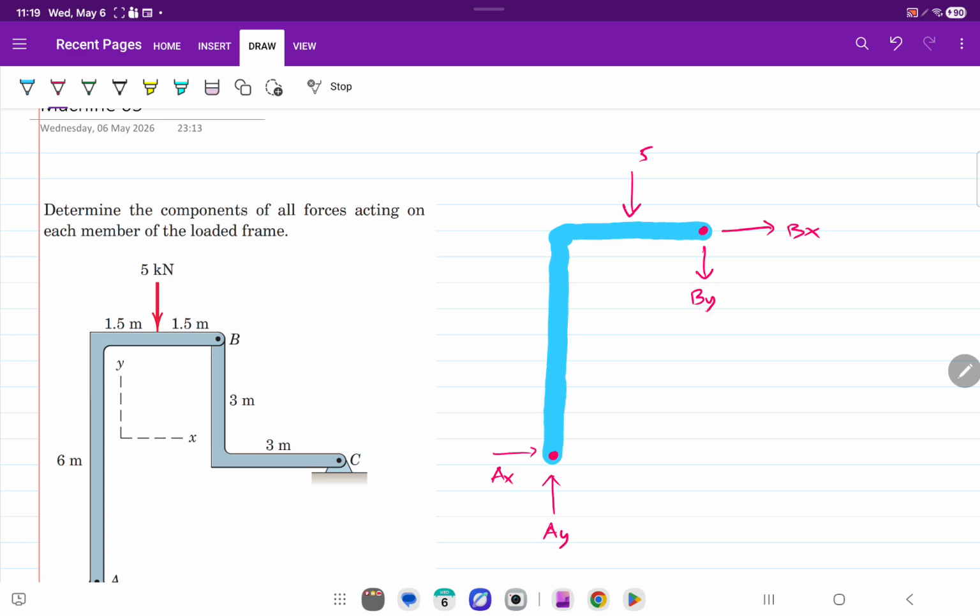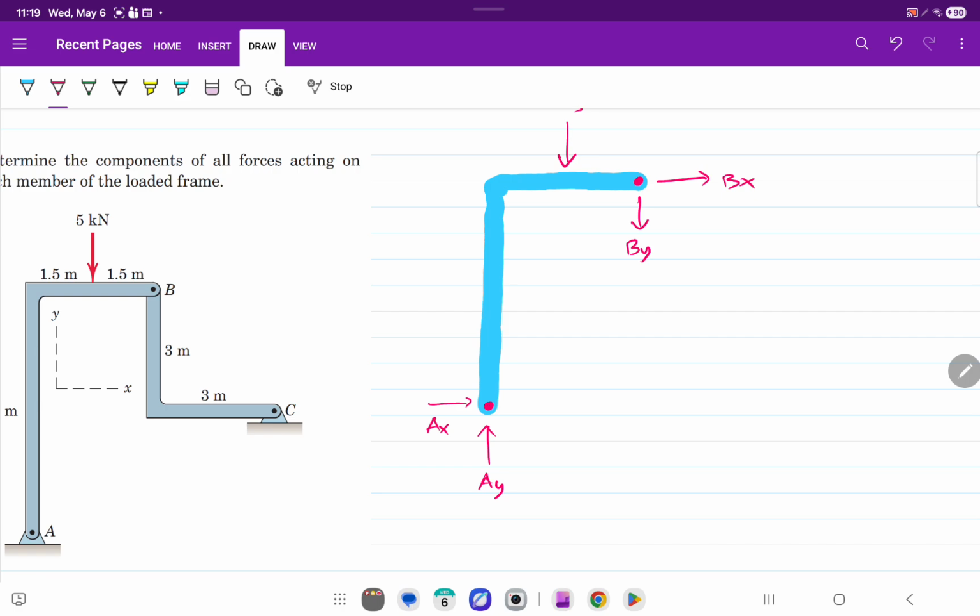But because BC is a two-force member, this BX and BY can be simplified as one force.